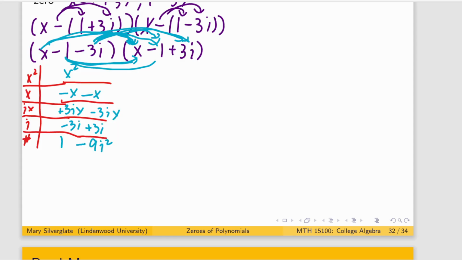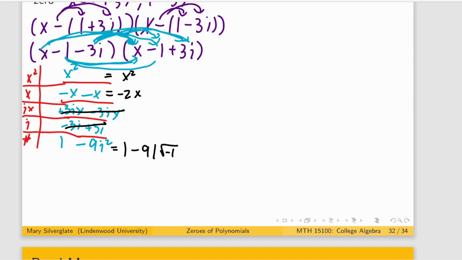Now to start simplifying this, -x plus another -x gets me -2x. X squared just gets me x squared. 3ix minus 3ix makes 0. -3i plus 3i also makes 0. Positive 1 minus 9i squared is 1 minus 9 i squared.